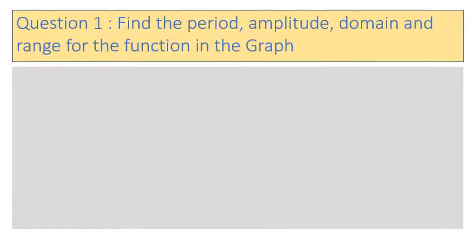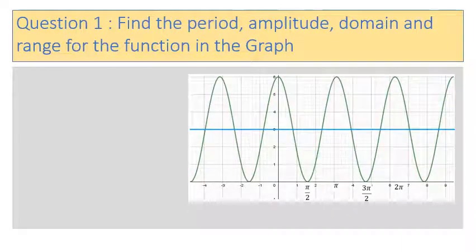Question 1. Find the period, amplitude, domain and range for the function in the graph. The period is the length of the shortest interval over which the graph repeats. In this case, period equals pi.